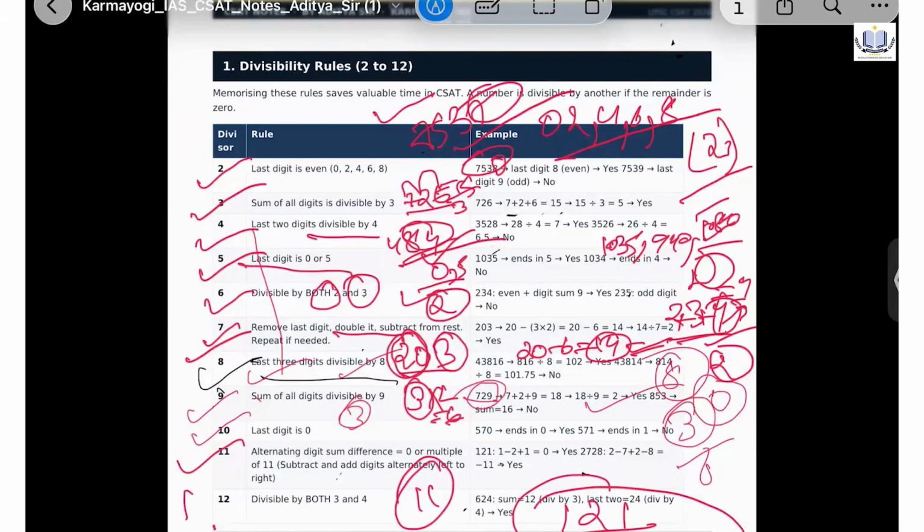For 121, first we will subtract 1 minus 2, then addition, so plus 1. So it will come to 0. So if it is 0 or divisible by 11, then the entire number is divisible by 11. And for 12, it should be divisible by 3 and 4. So you will apply first the rule of 3, and then you will apply the rule of 4. So this is what you need to know.